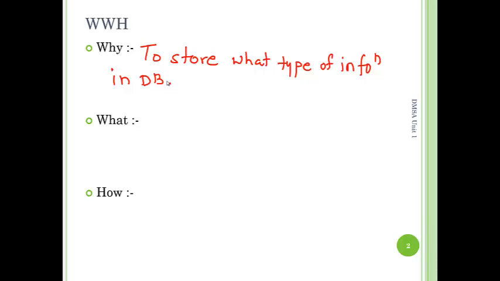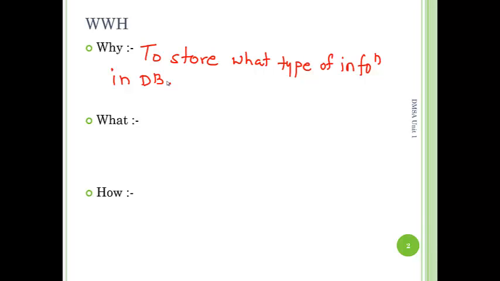The data or information can be of any type: it can be integer, alphanumeric, string, or date. To store all these types of information, we have to learn schema and its relevant instances.